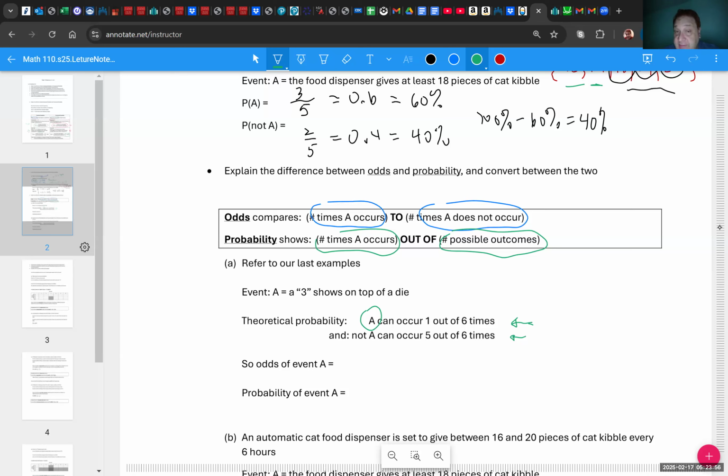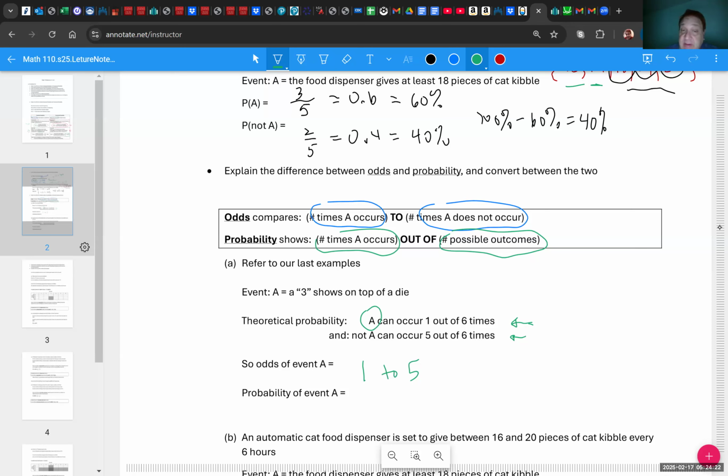So the odds are the number of times A could occur, which is 1, then the word "to," and then the number of ways A does not occur, 5. So we would say the odds are 1 to 5 that event A happens, or the odds are 1 to 5 that a 3 shows up on top of the die.